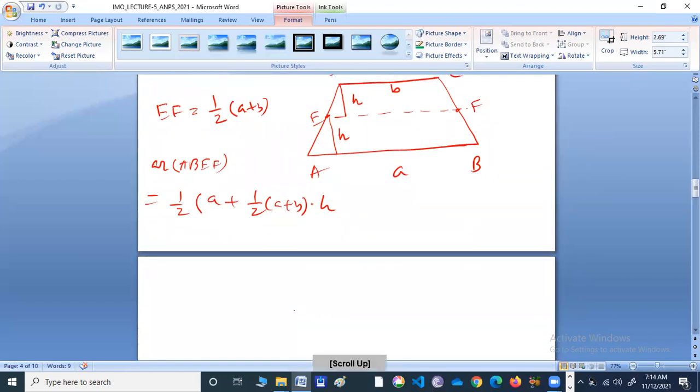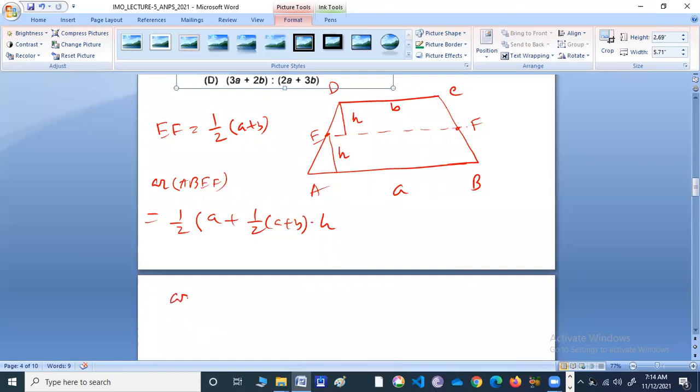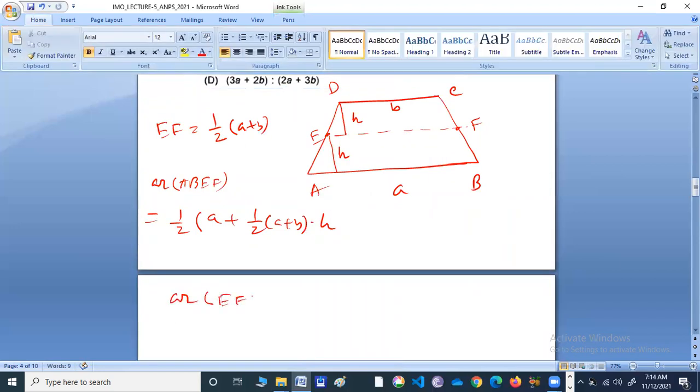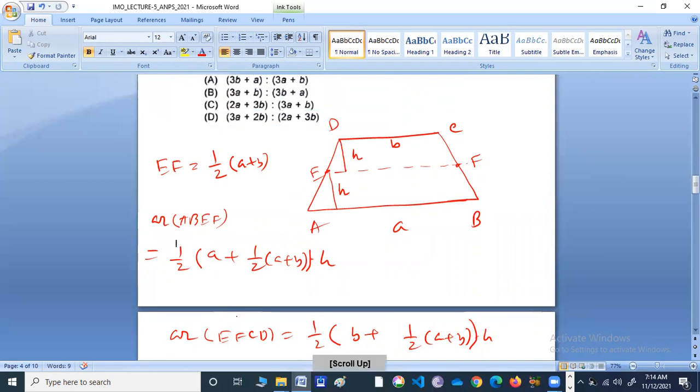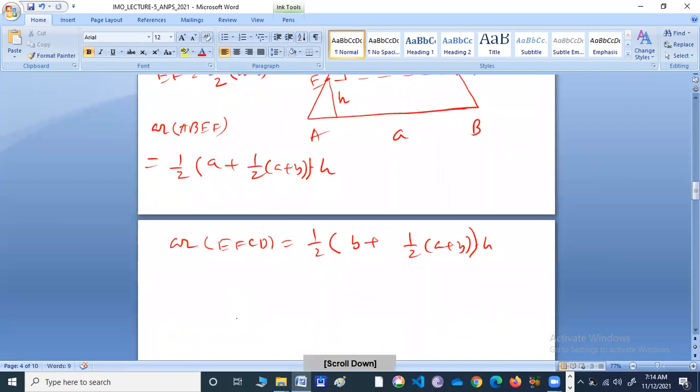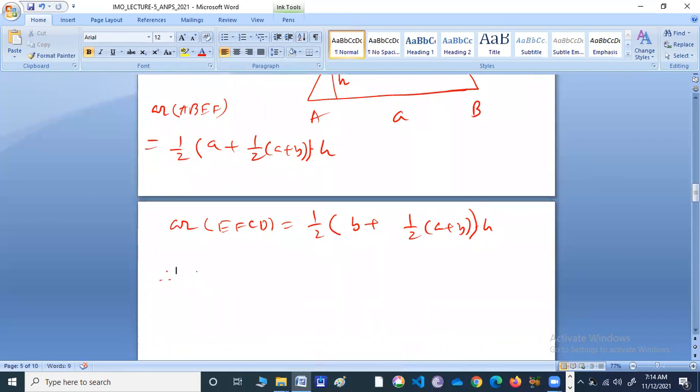Similarly, area of EFCD will be half into B plus half into A plus B into H. Okay. So the ratio they require, if you divide, the required ratio becomes this divided by this.